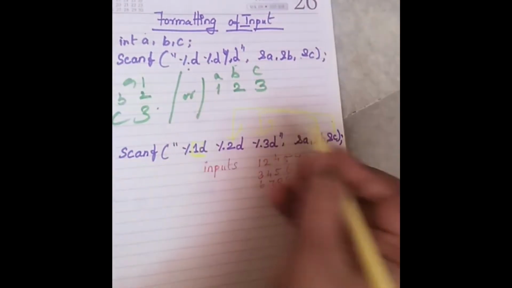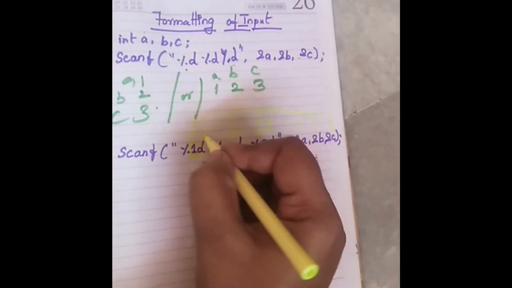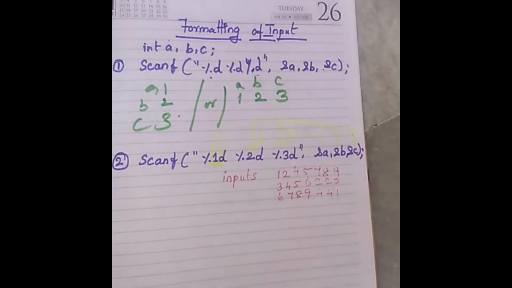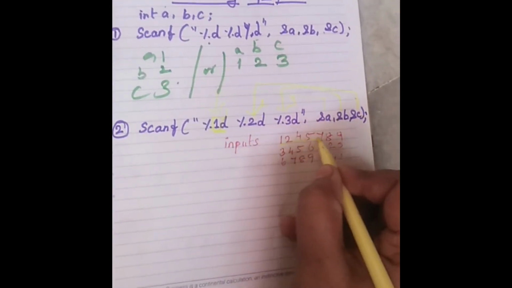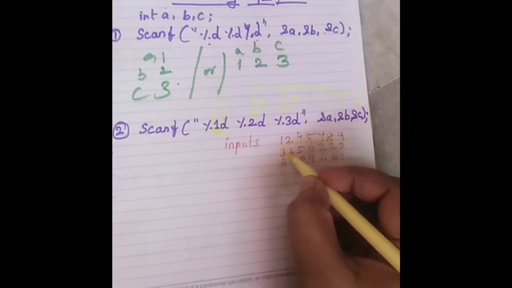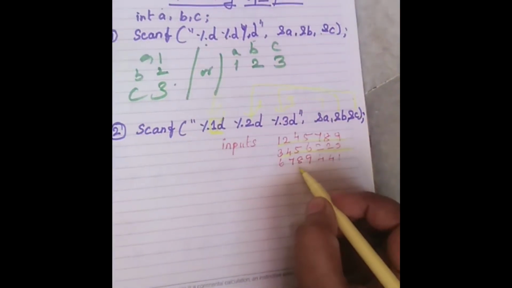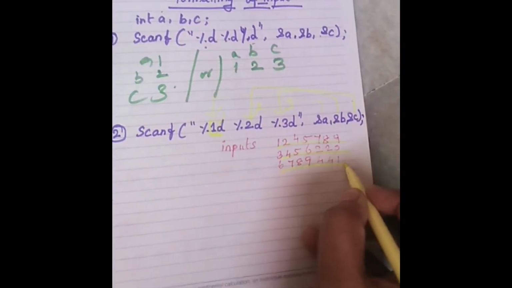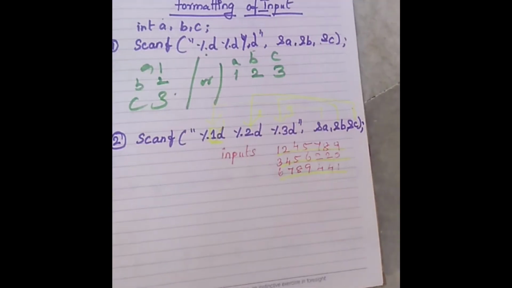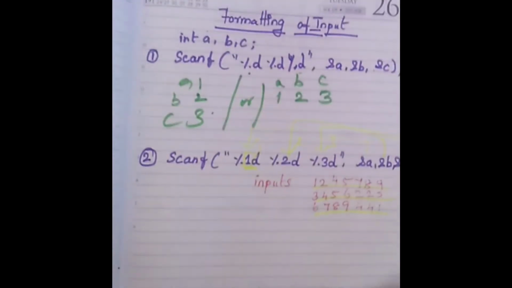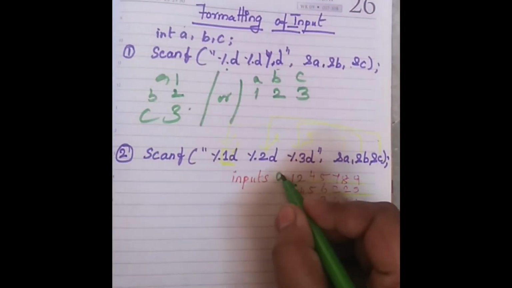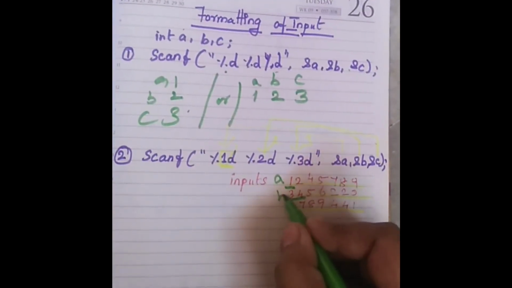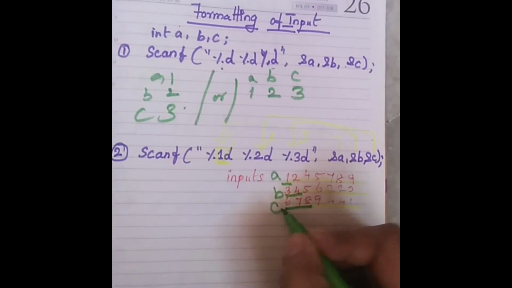Then let me consider the input may be 1, 2, 3, 4, 5, 6, 7, 8, 9, 3, 4, 5, 2, 2, 8, 0, 6, 7, 8, 4, 4, 1. Most people will consider first 1 digit for a, next 2 digits for b, next 3 digits for c.